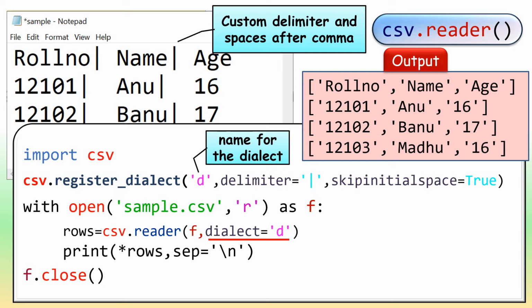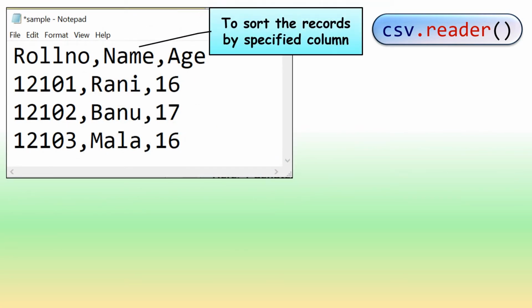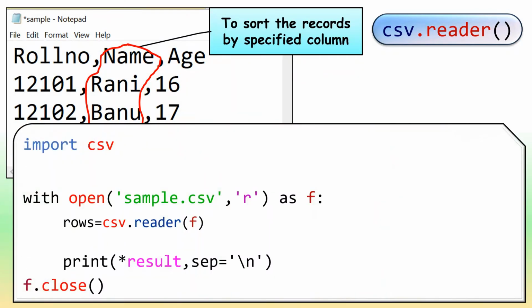Next, I will show you how to sort the records by a specified column. Here I want to sort the records by the name column. For that, in the program, you have to additionally import the operator module of Python, import operator.